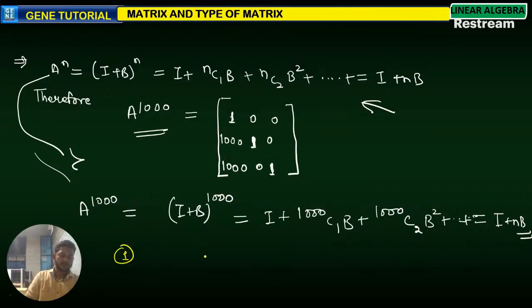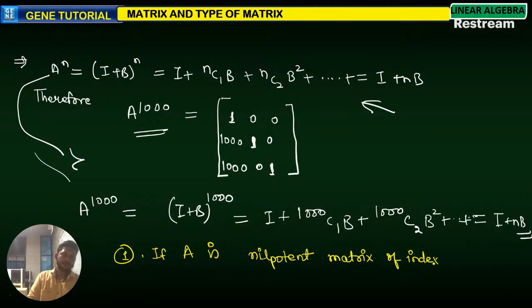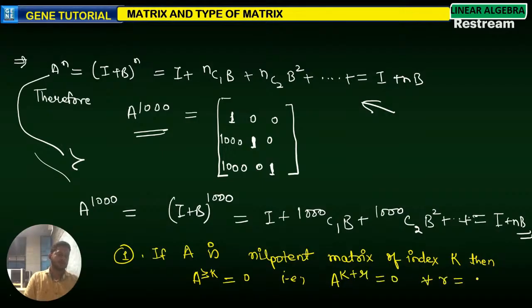A note says that if A is a nilpotent matrix of index k, then A to the power less than or equal to k is equal to 0, that is A to the power k plus r is equal to 0 for all r equal to 0, 1, 2, 3 and so on.